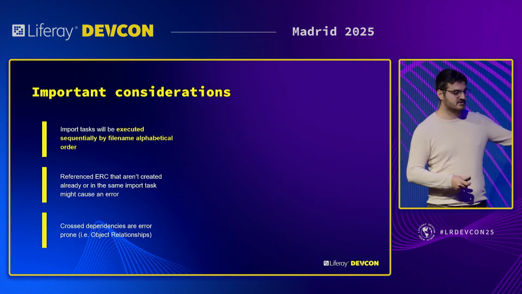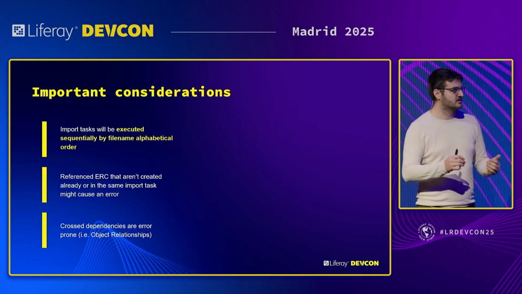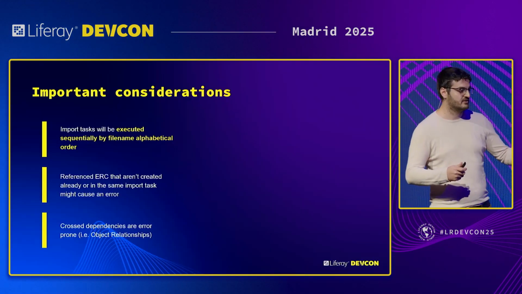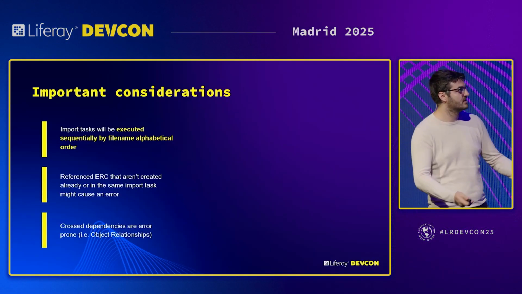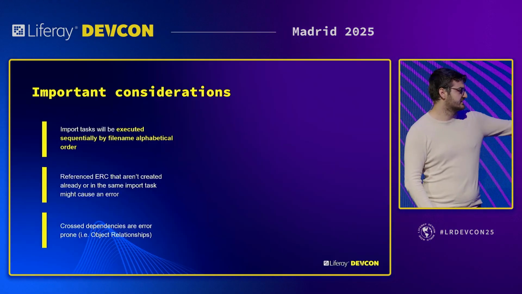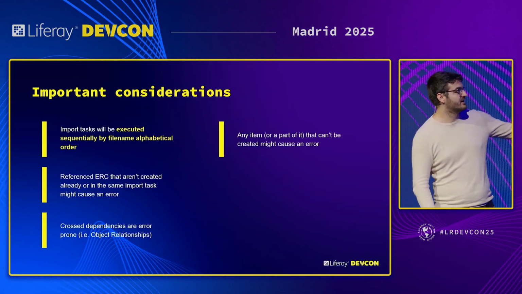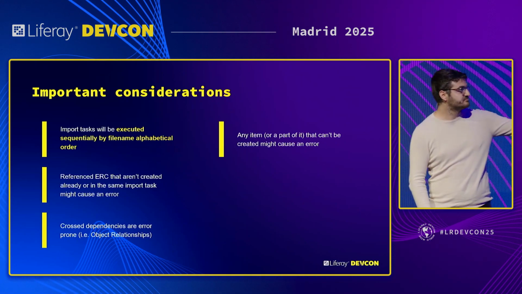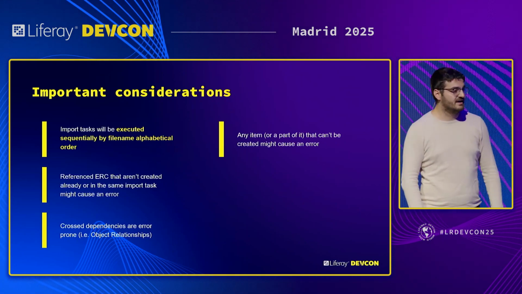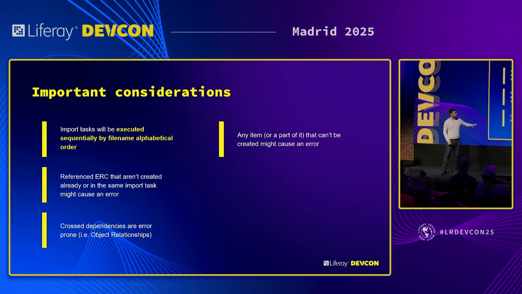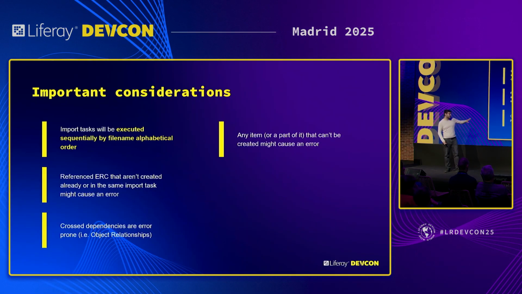I talk about object relationships, but there are other cases, such as commerce relationships or items or other things like that. That's just an example, and it can be applied to any other case apart from objects. Also, any item that can't be created, or a part of it, might cause an error, or probably will, in fact.